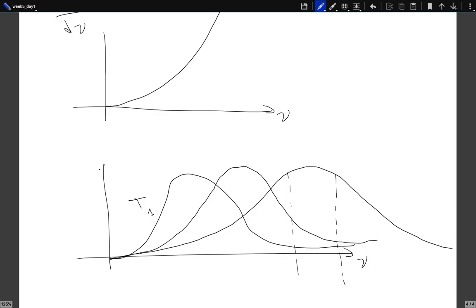Well, it depends on your normalization. And when you know the actual expression, the value at the peak doesn't really decrease.